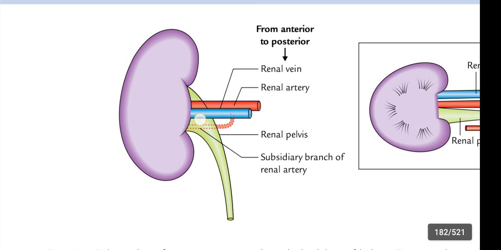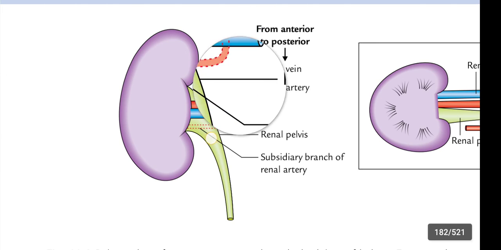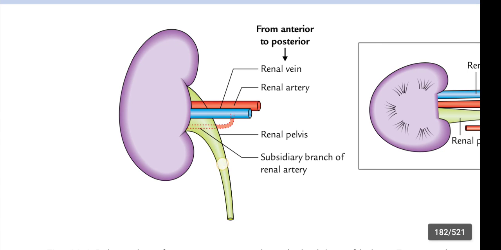First, renal vein, renal artery, and next the renal pelvis, and this is the subsidiary branch of the renal artery. This is from anterior to posterior, guys. Remember this: renal vein, renal artery, renal pelvis, and last the subsidiary branch of the renal artery.